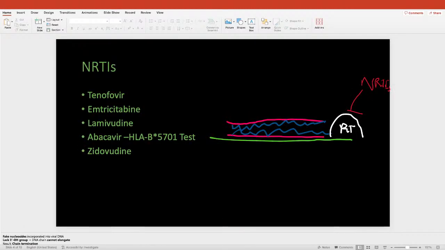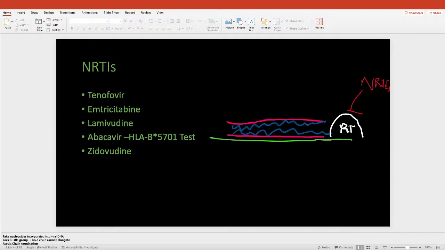In this next slide, you can see I listed one of the classes of medication, which is the NRTIs. That includes things like tenofovir, emtricitabine, lamivudine, and abacavir.